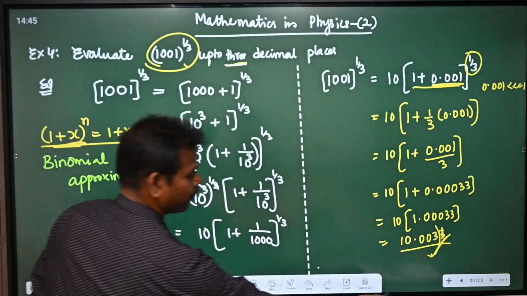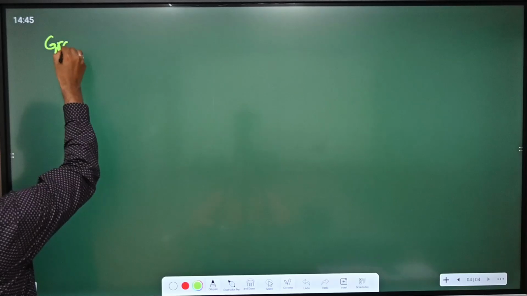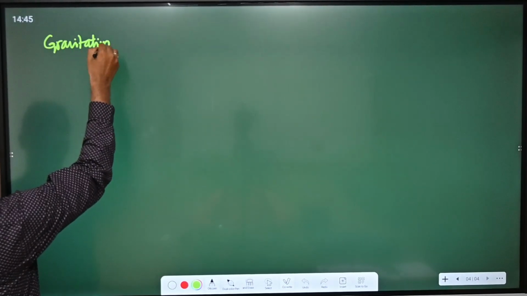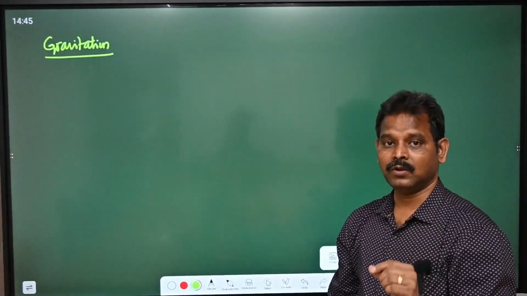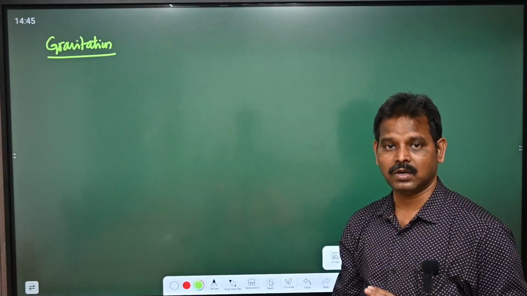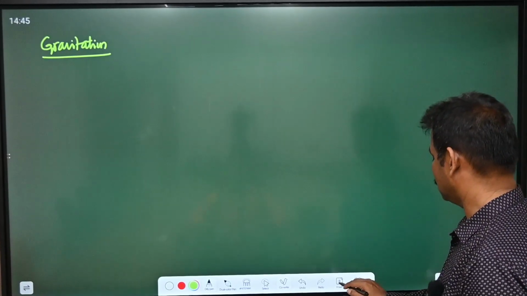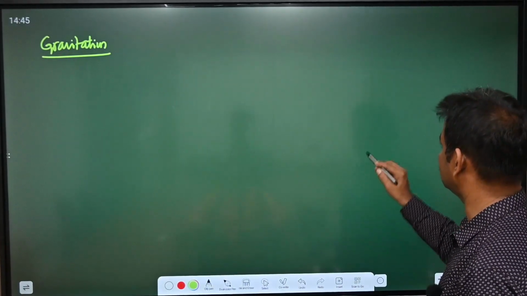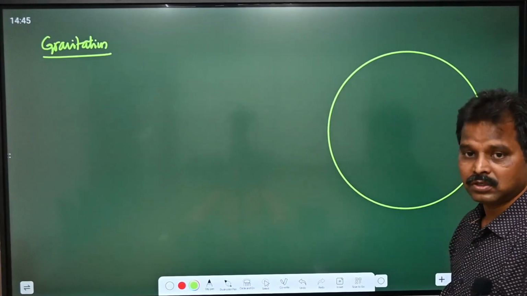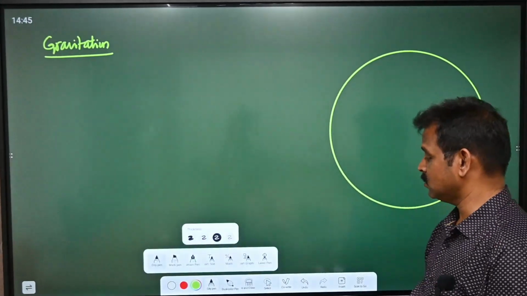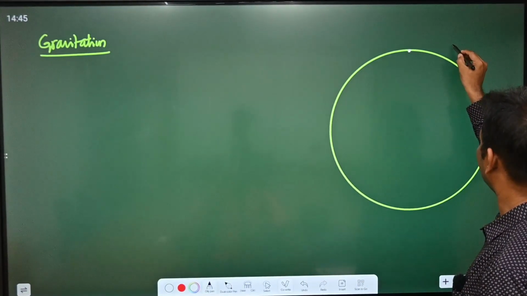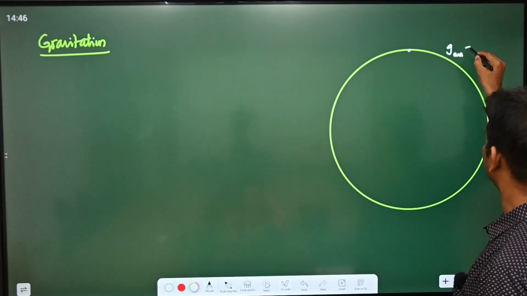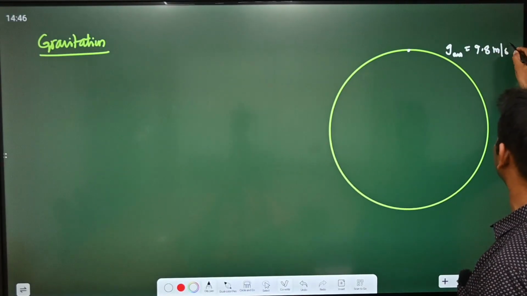Suppose you take the gravitation lesson. If you take earth, the small g on the surface of earth, we studied this in high school standard, sir. Small g value is 9.8. So if you take our earth, this is the earth, and any one point on the surface of earth, small g here is 9.8 meter per second square.